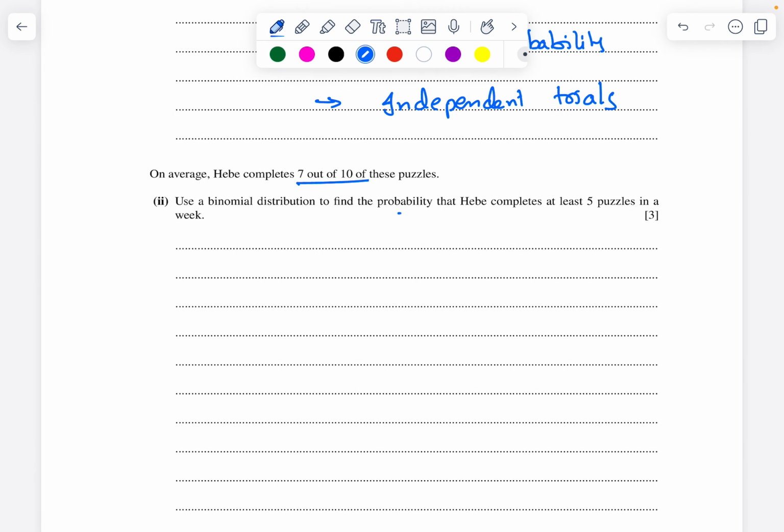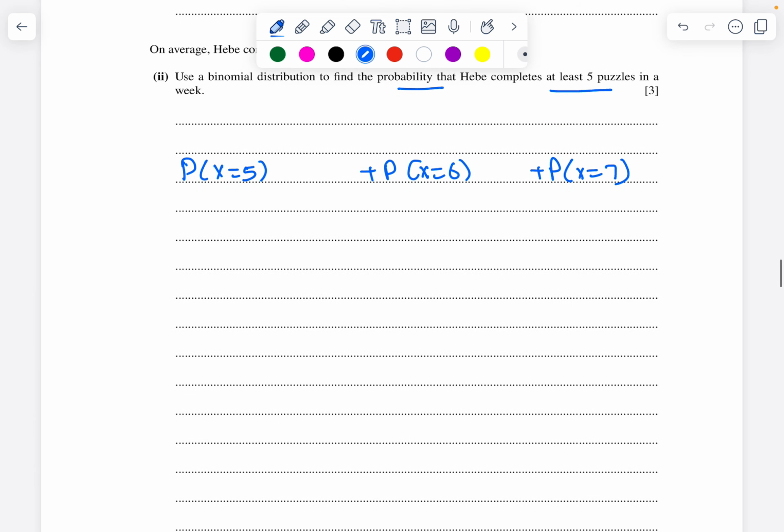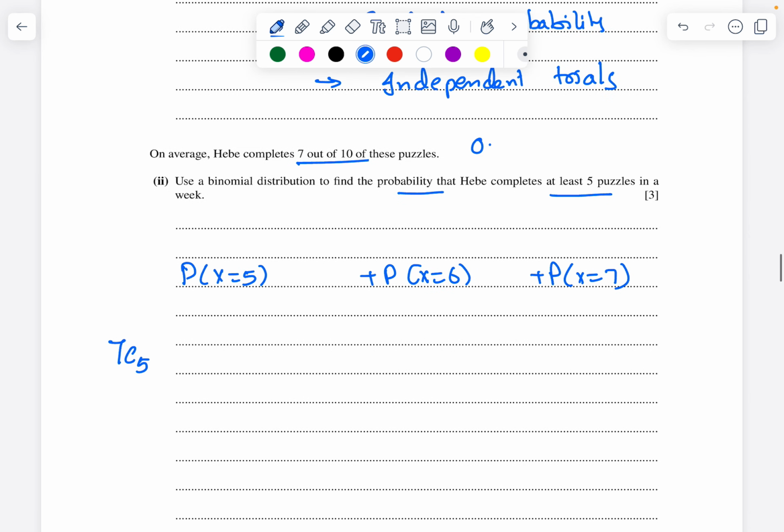On an average, Hebe completes 7 out of 10 puzzles. Use binomial distribution to find the probability that she completes at least 5 puzzles. At least 5 puzzles means 5 plus 6, then plus 7. So for 5 puzzles, 7C5.